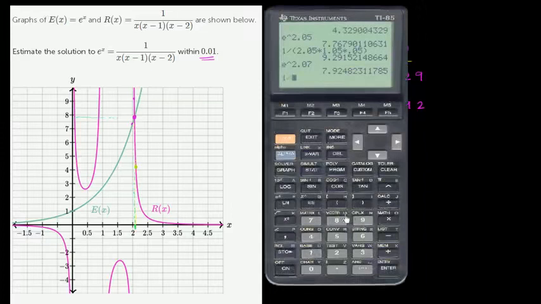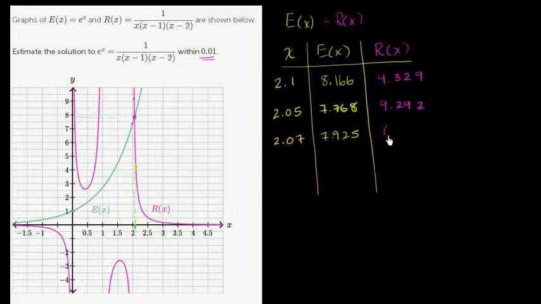So 1 divided by 2.07, times 1.07, times 0.07, which gives us 6.450. So at 2.05, that was too low. 2.07 is too high.